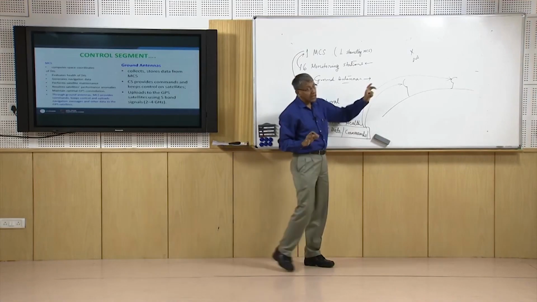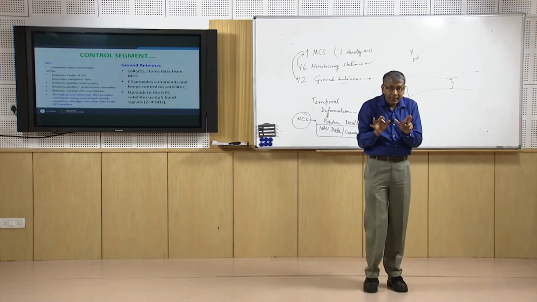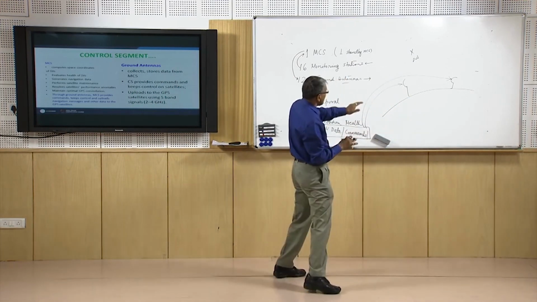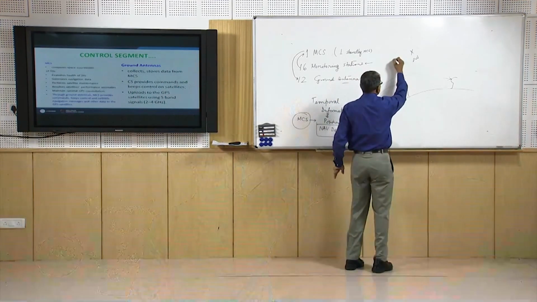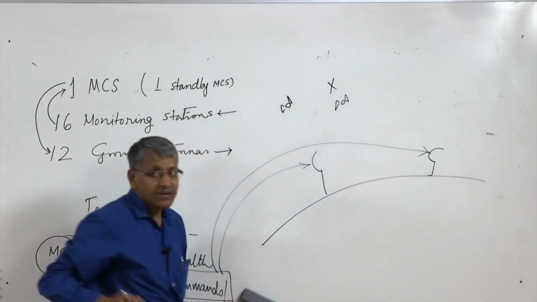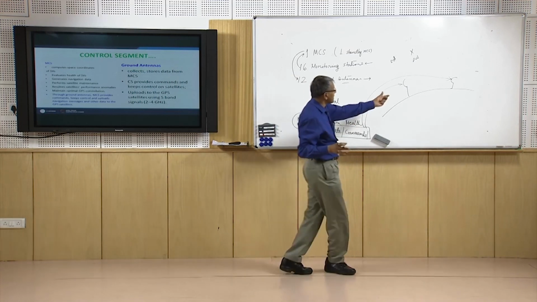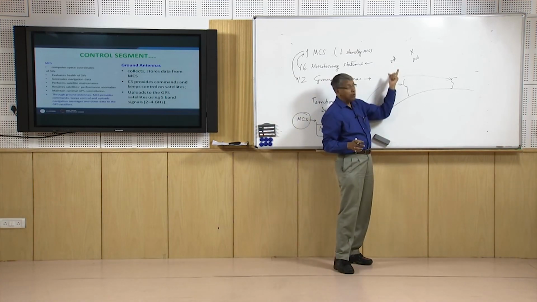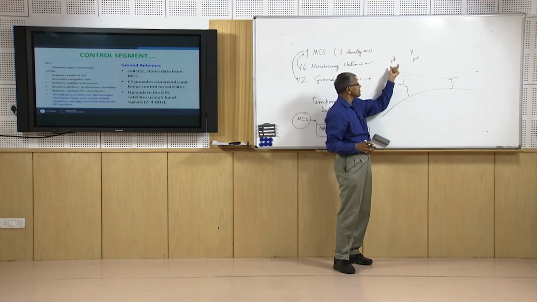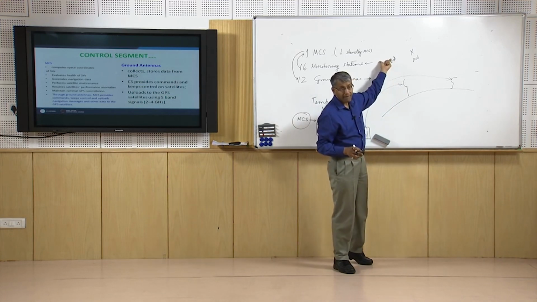The ground antenna will store it, and whenever a satellite comes, it will track the satellite and find out whether it has stored some information for this particular satellite or not.